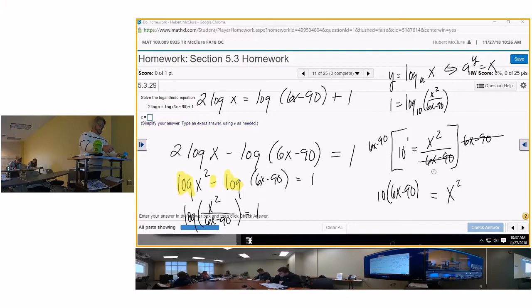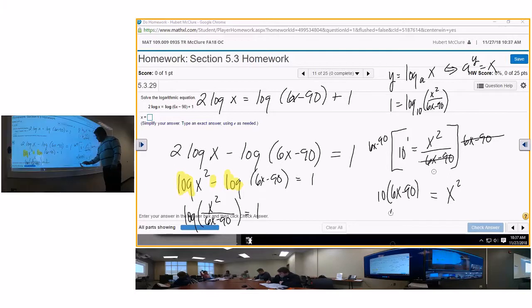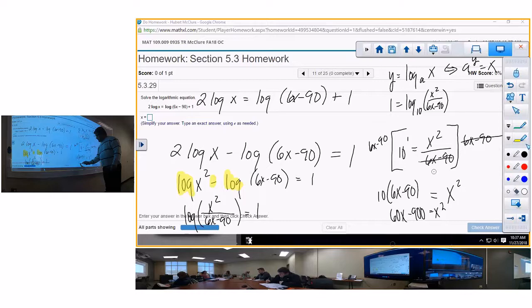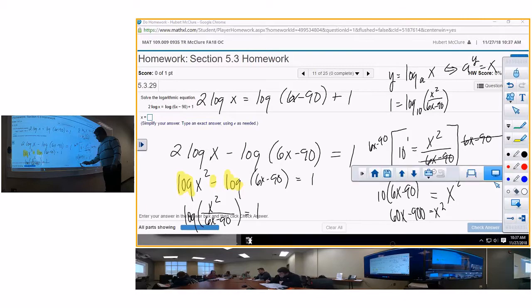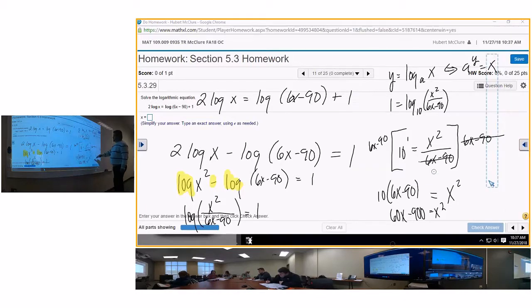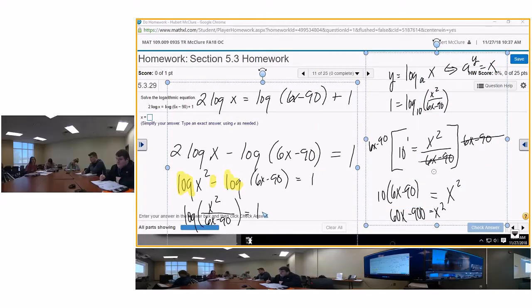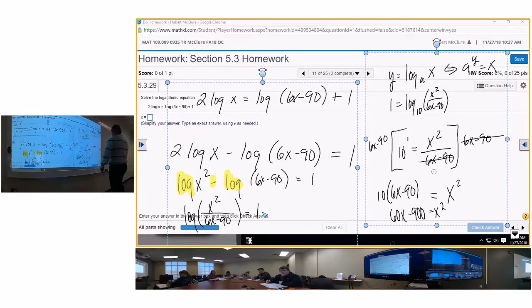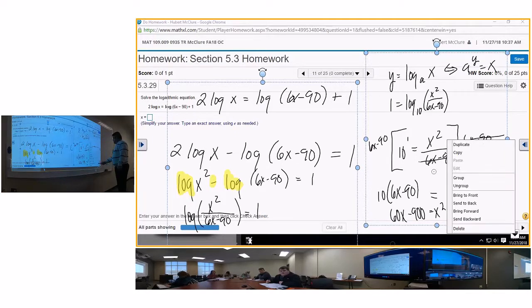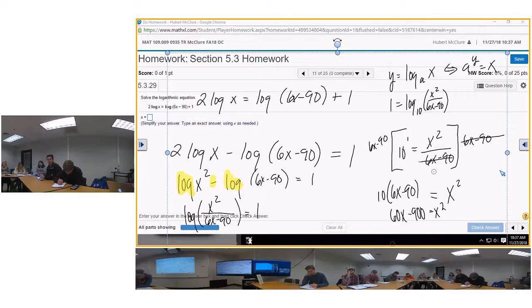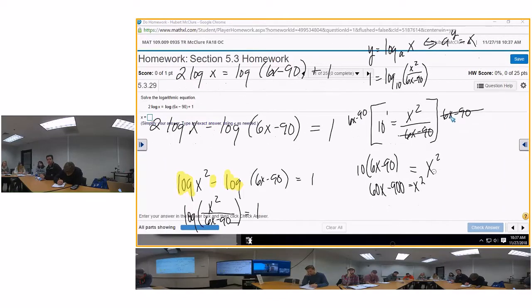What is 10 times 6x? 60x minus what? 900 is equal to x squared. And let's go ahead and make that small. Wow, it actually did the whole thing. Oh, no it didn't.